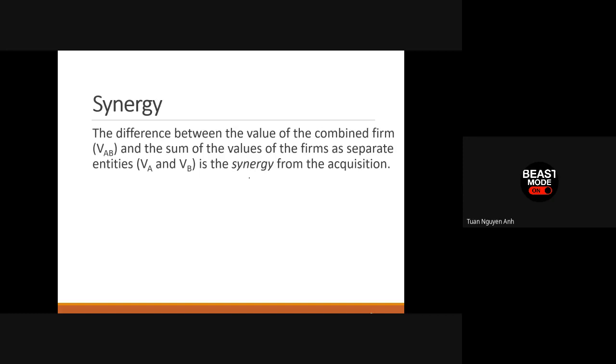So what is the synergy? The definition is very simple. The synergy, or the benefit, is the difference between the value of the combined firm, the new firm, and the sum of the values of the firms as separate. So if you combine A and B to become C, the difference between the value of C and the value of A plus the value of B will be the synergy, or the benefit.